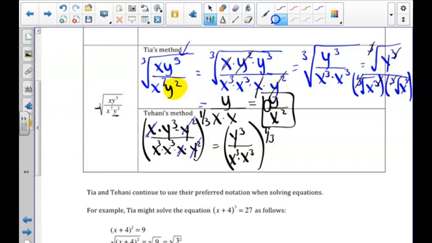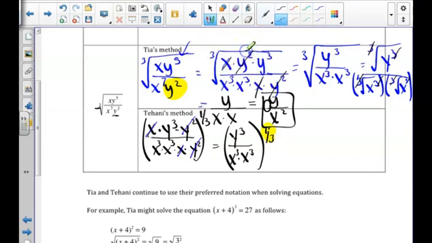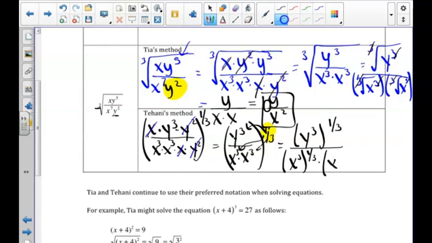Properties of exponents tell us that we have to give the exponent to both the numerator and the denominator. So this would become y cubed to the 1/3 power divided by x cubed to the 1/3 power times x cubed to the 1/3 power.